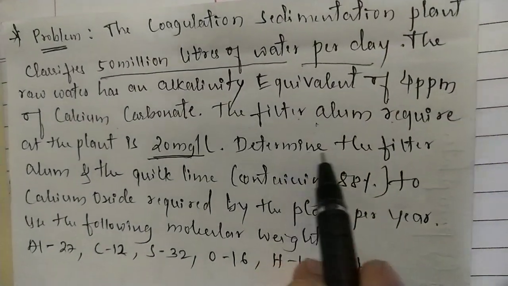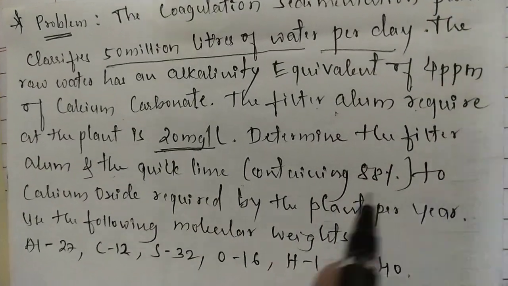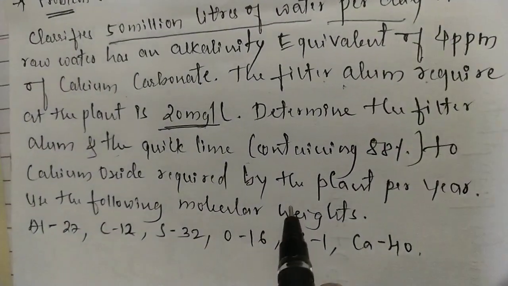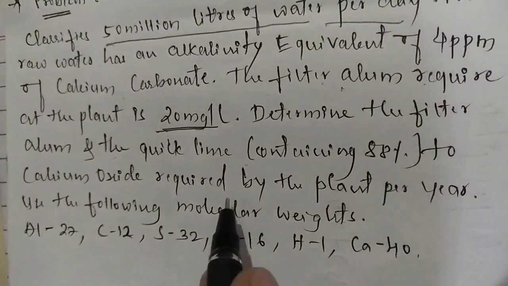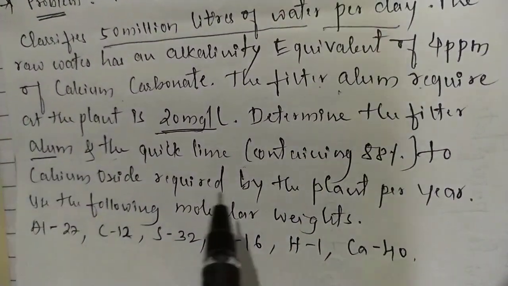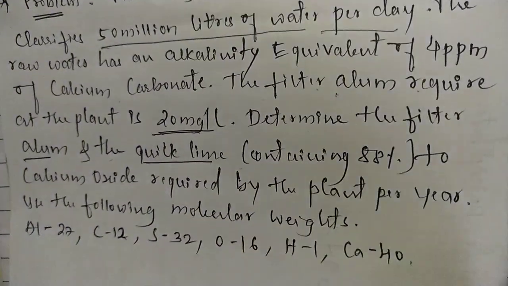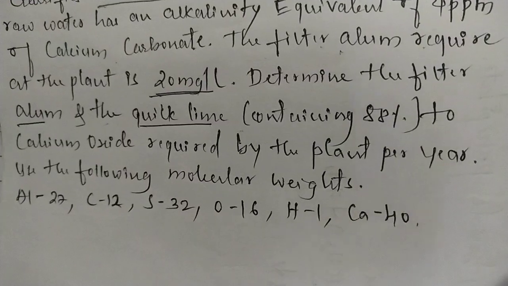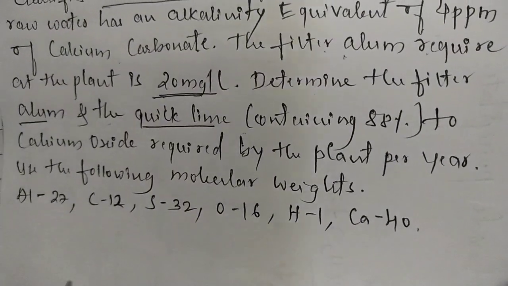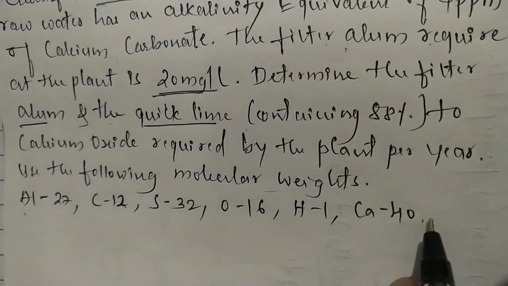Next, determine the filter alum and the quicklime, calcium oxide, required by the plant per year. For the year, how much filter alum and how much quicklime is required in the treatment plant, that we have to find out now. Use the following molecular weights, which are given.